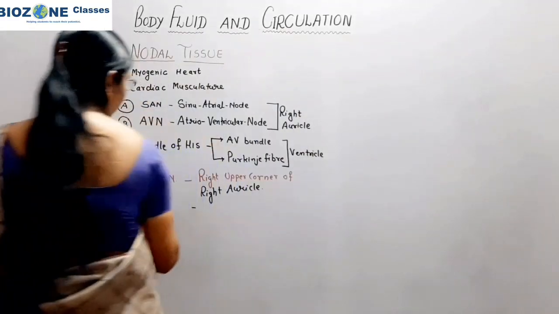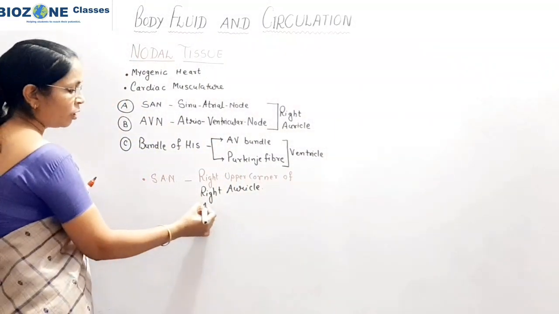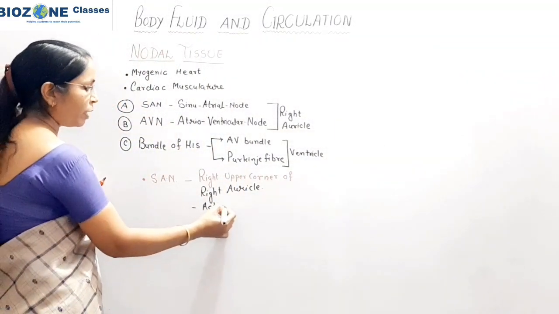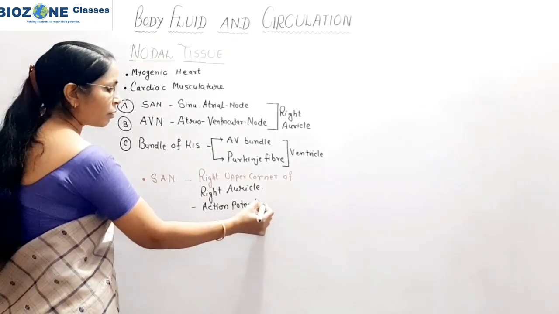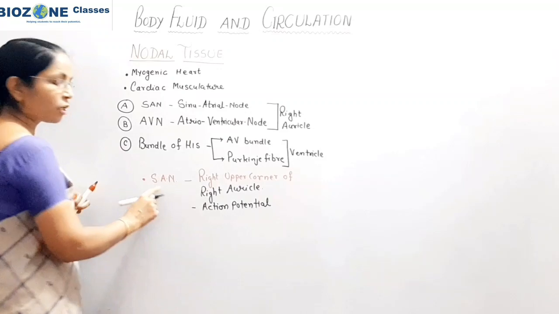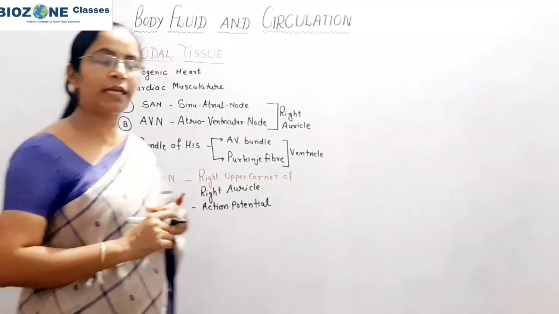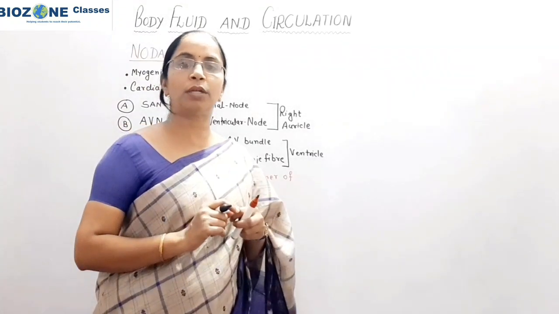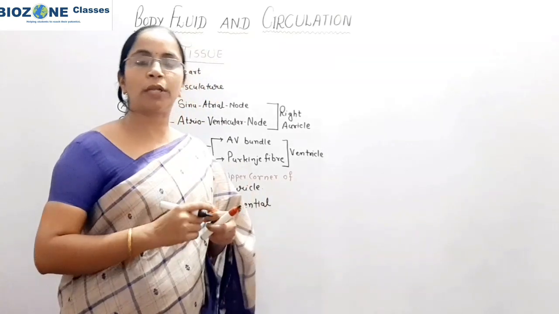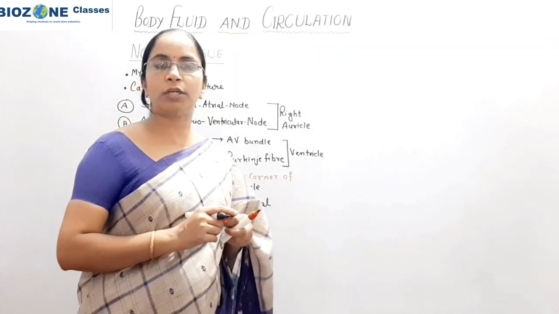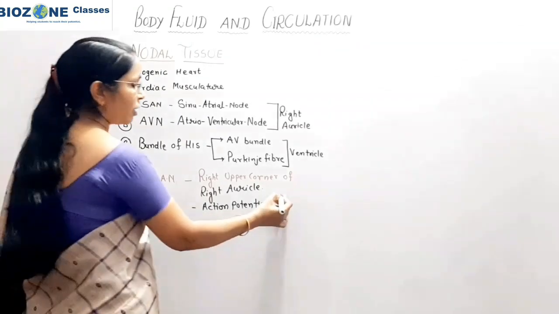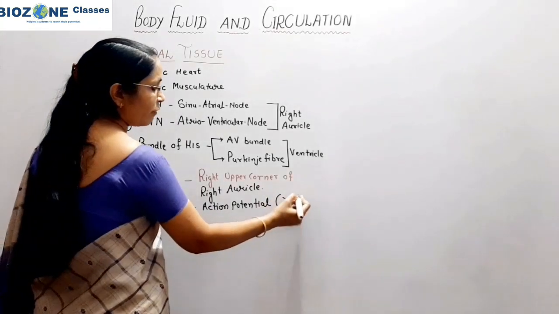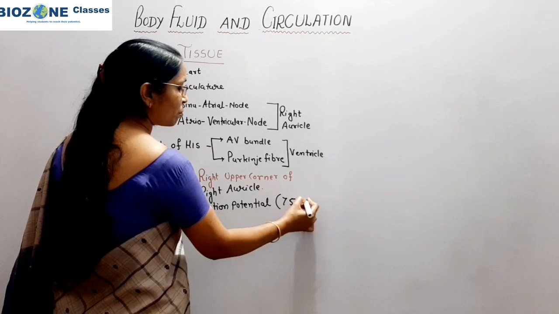So SAN is responsible for the generation of action potential. That means the musculature present in the form of SAN has the potential to generate an action potential, or systolic condition, and the heartbeat begins. So action potential is generated 75 times per minute.